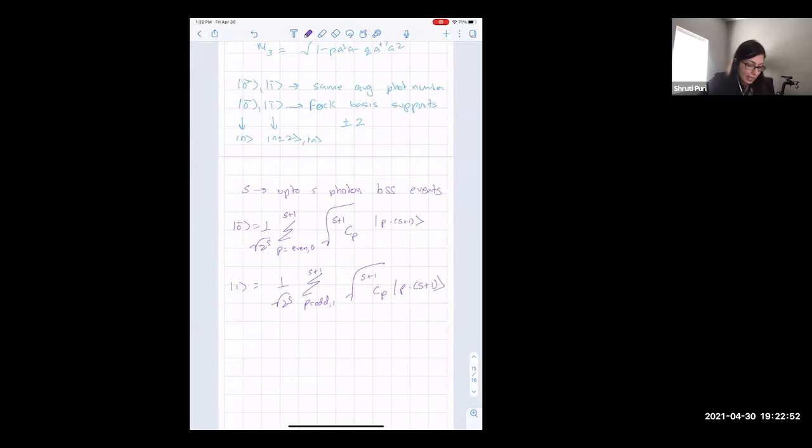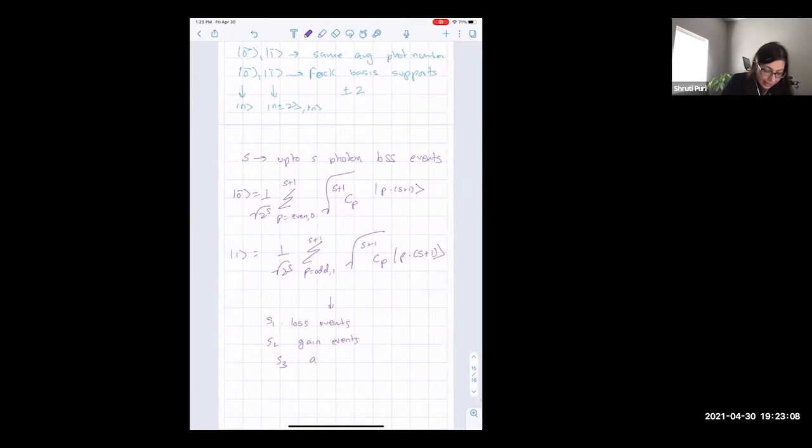You can also generalize this to correct for S1 loss events, S2 photon gain events, and S3 A dagger A type events, which is related to frequency fluctuations. Yeah, I don't know what to call them.